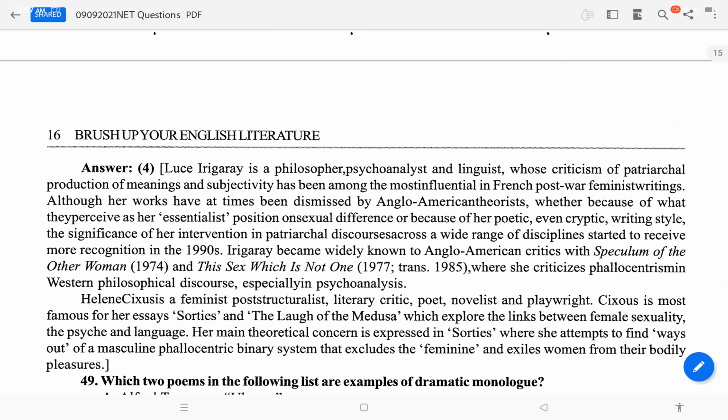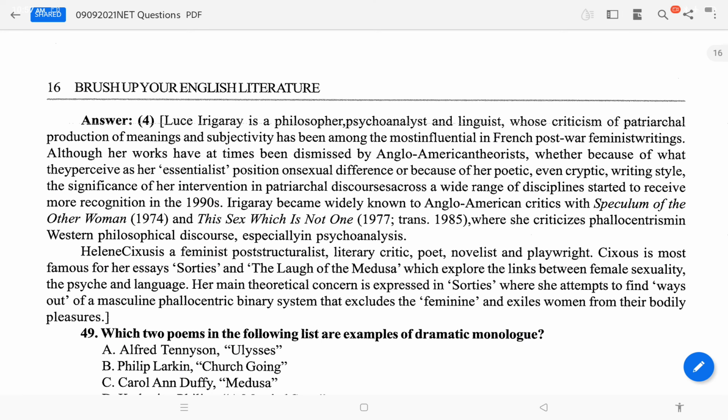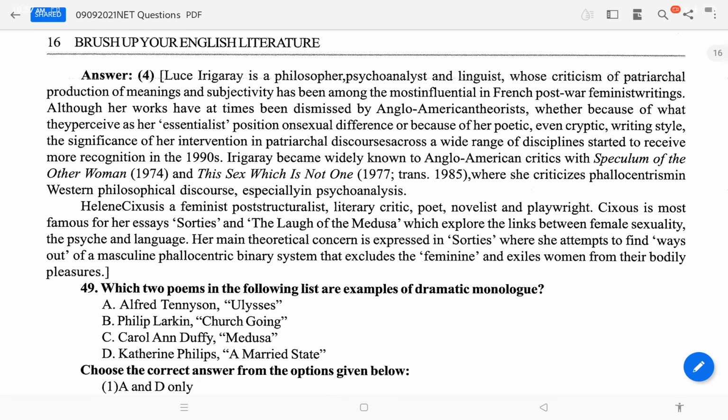Luce Irigaray is a philosopher, psychoanalyst, and linguist whose criticism of the patriarchal production of meaning and subjectivity has been among the most influential in French post-war feminist writing.